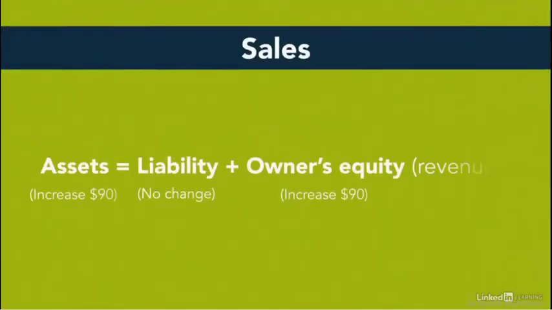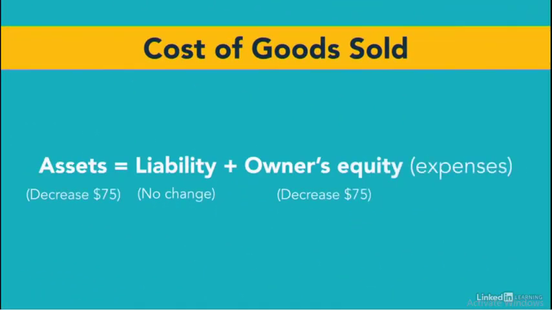The effect on the accounting equation for each transaction is as follows. With the first journal entry, assets, cash, increase as a result of earning revenue. In the second journal entry, assets, inventory, decrease as a result of using the asset to generate revenues. This is called an expense. The label expenses is used to explain how assets have been used.